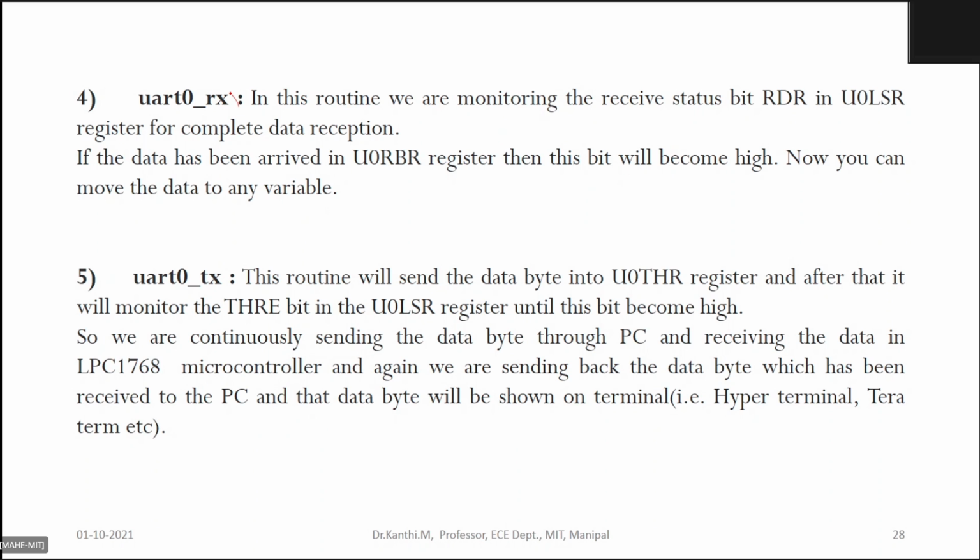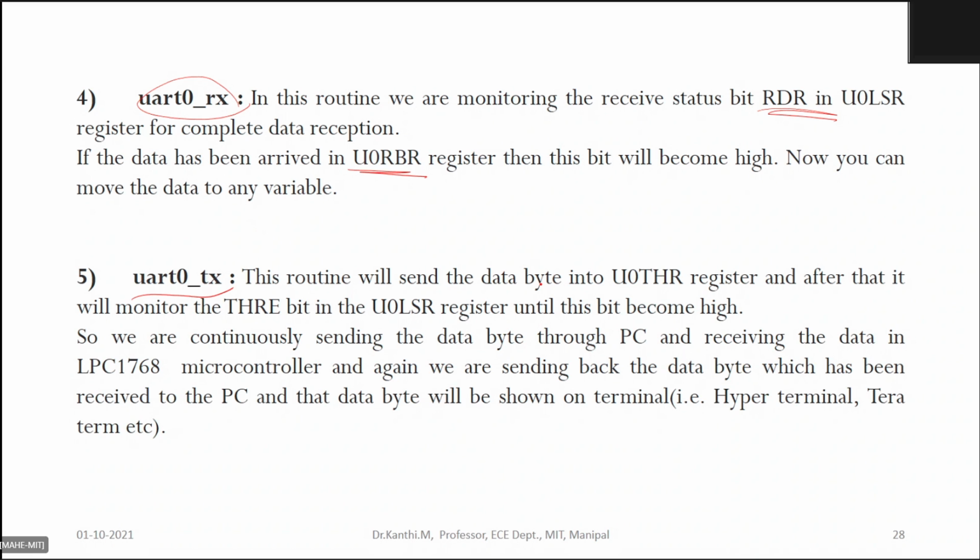Similarly, you have the UART0 RX function. This we are monitoring to receive the status of the received data. You have a receive buffer register to check whether the data is received, because you enable the receiver as well, as it's duplex transmission. Then you have the UART0_TX function.